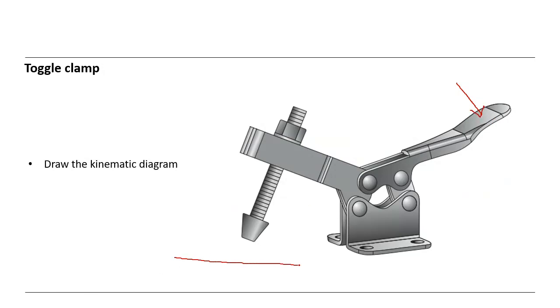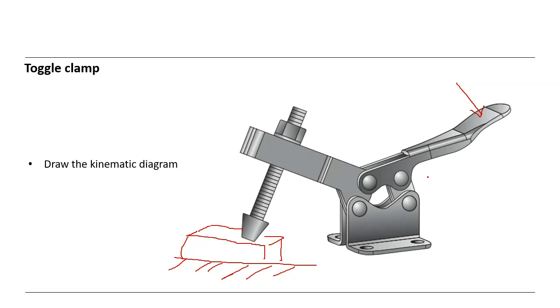Let's say there's a surface here somewhere, and we have an object here, and we can fix it like this. So this is also a mechanism, and we have to analyze the mechanism.